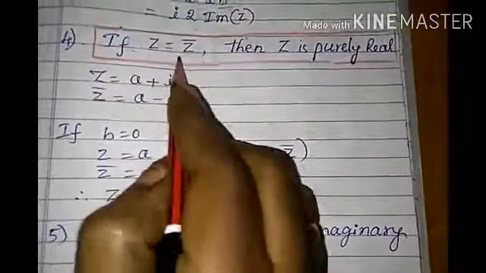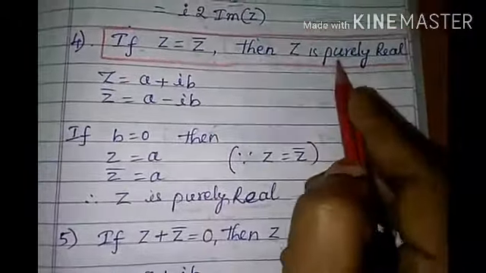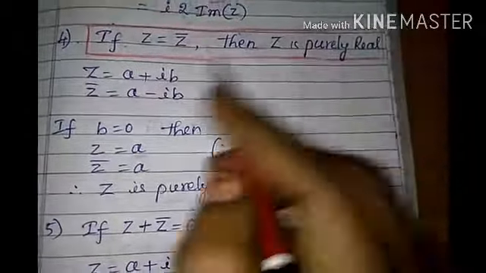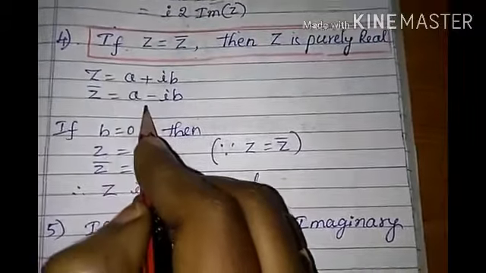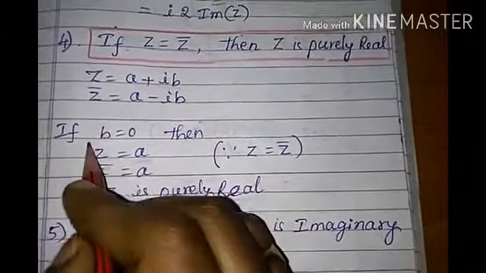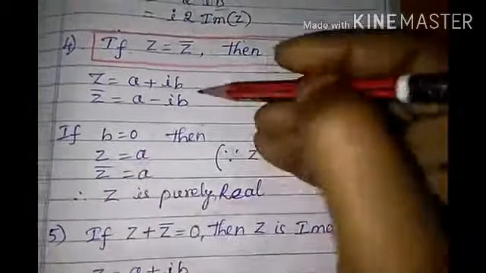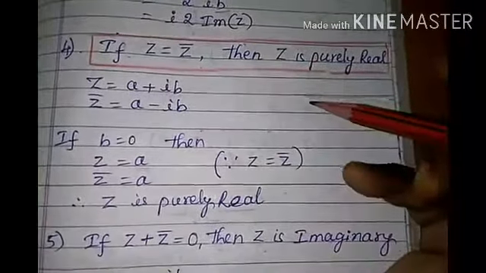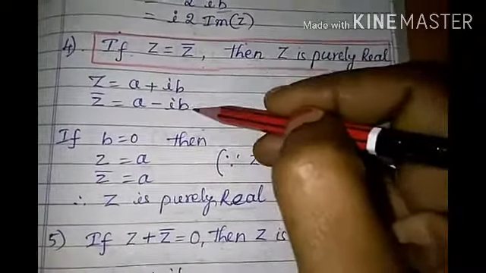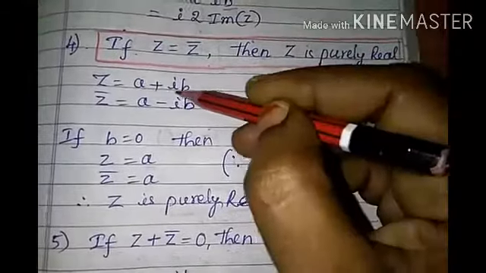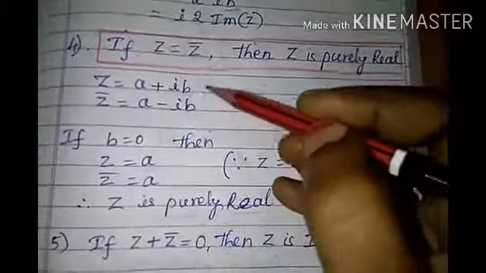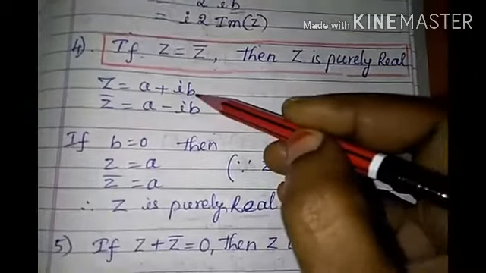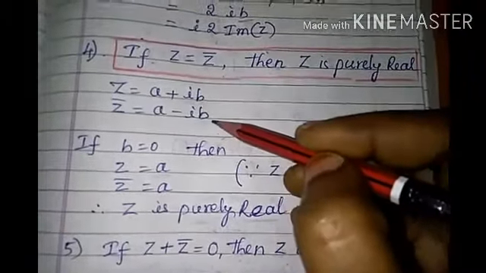The next one is: if z equals z bar, then z is purely real. Z equals a plus ib, then conjugate of z equals a minus ib. If b equals 0, here we have to get a purely real number. So the imaginary part should be 0.